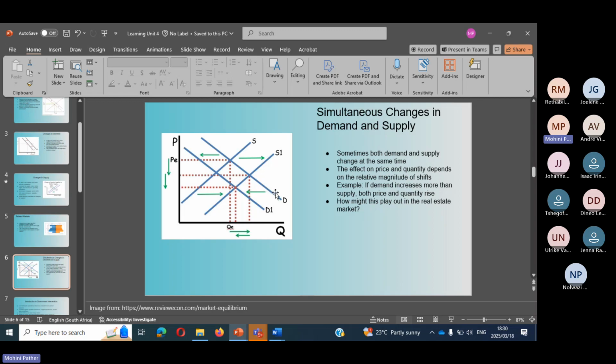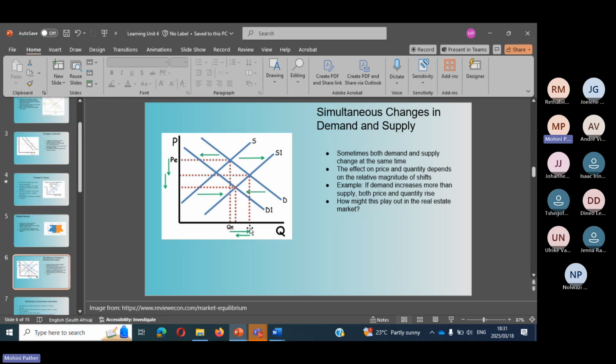That causes an immediate shift to the left of the demand curve to D1. Why? People now have a reason outside of price. We don't care that it's cheaper than it used to be. We care about the health implications now. So that would cause a shift in the demand curve, again, to D1.